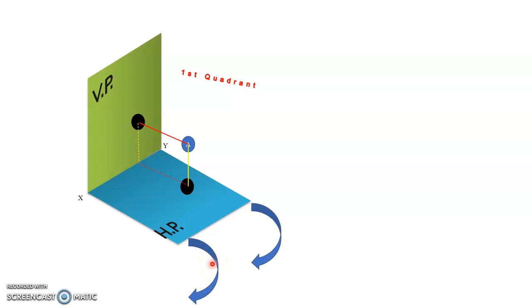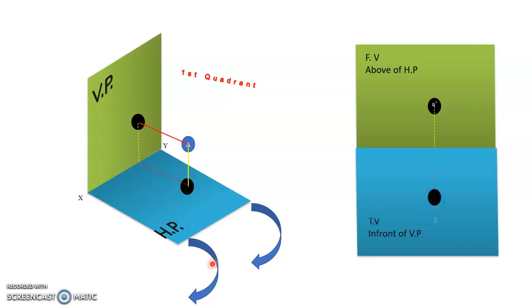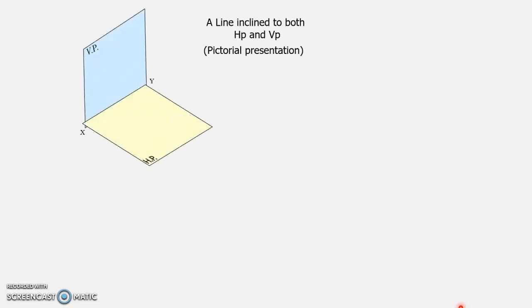The HP is tilted 90 degrees. You can see that above HP means we draw the point above the XY line, and in front means we draw the point below XY. This is the point, and now we will see the same for the projection of a line.